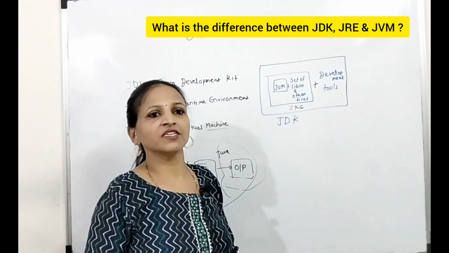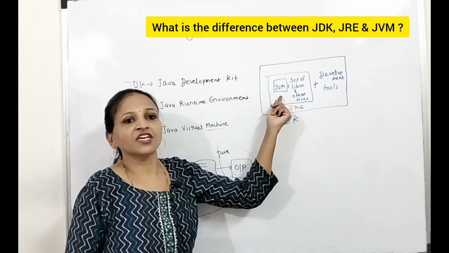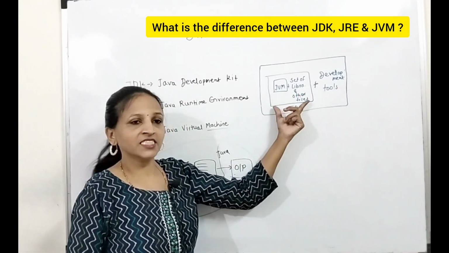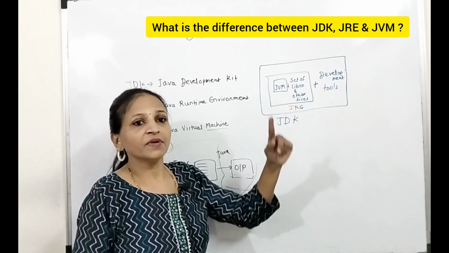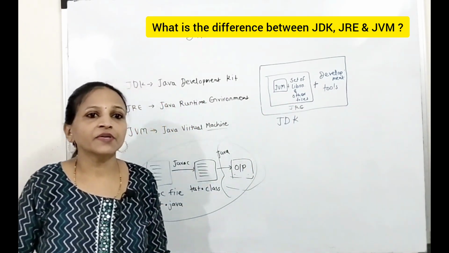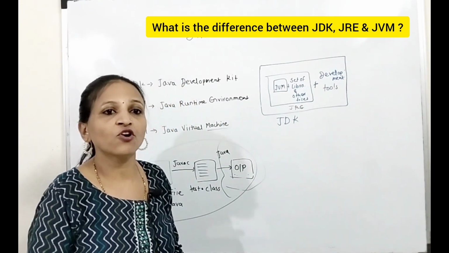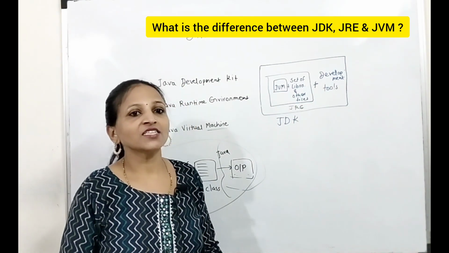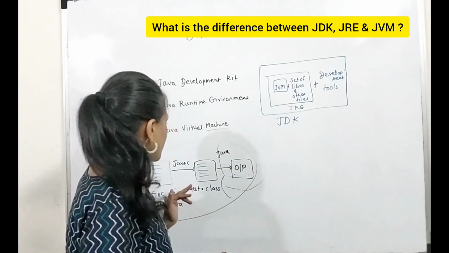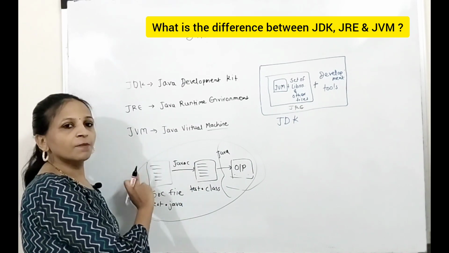Some extra libraries or files are required, so those are present, plus the JVM inside the JRE. Now this JVM is the Java Virtual Machine, an interpreter, and it is responsible for execution of the .class file. A .class file is bytecode, which is generated after compilation.